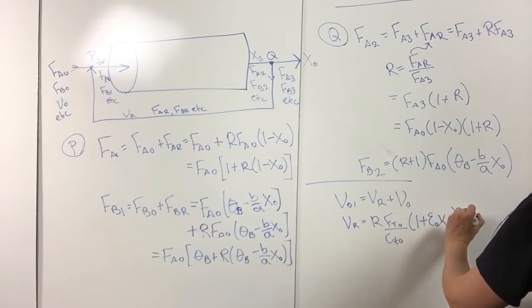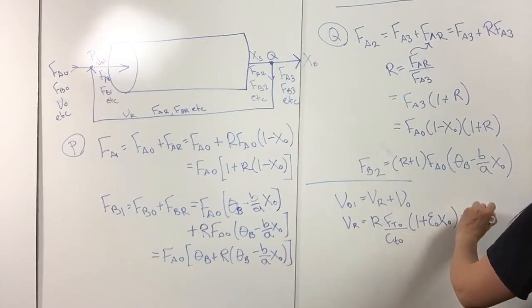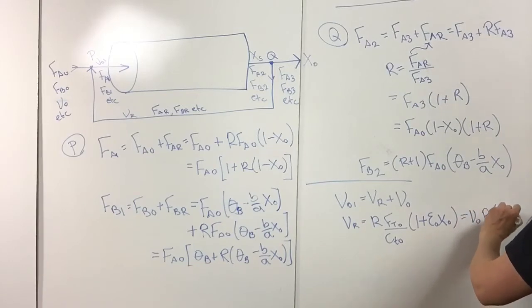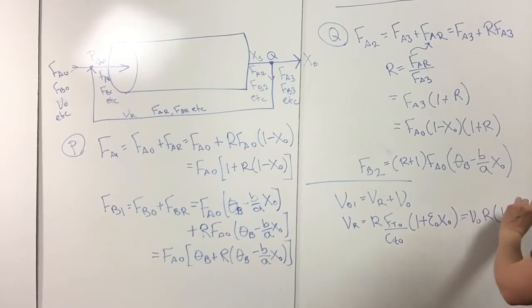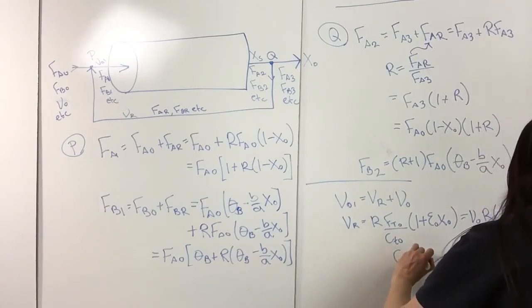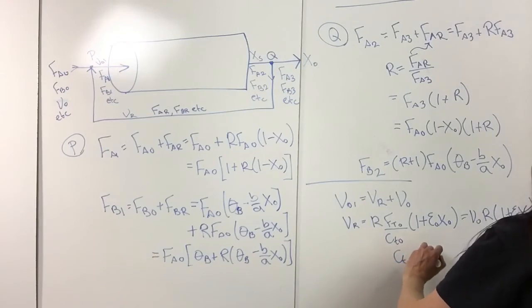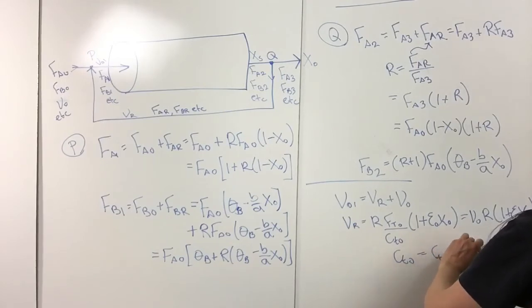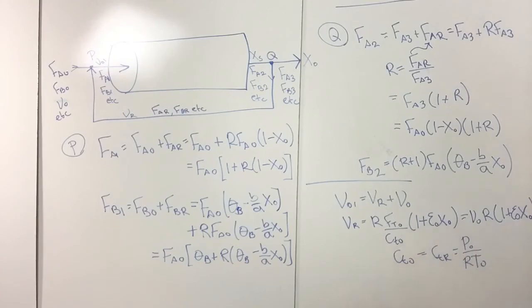And this is equal to V naught R 1 plus epsilon naught X naught. And Ct naught is equal to CTR, which is equal to P naught over R T naught.